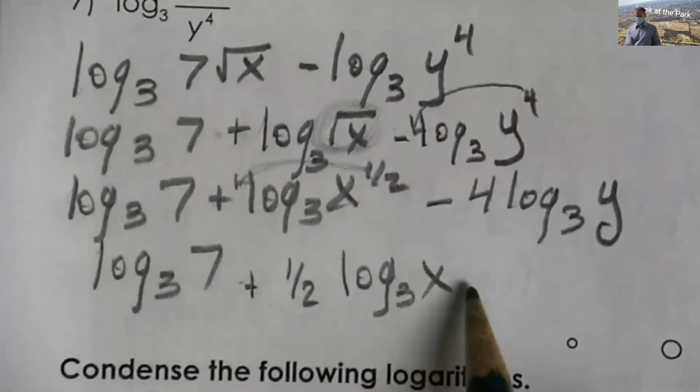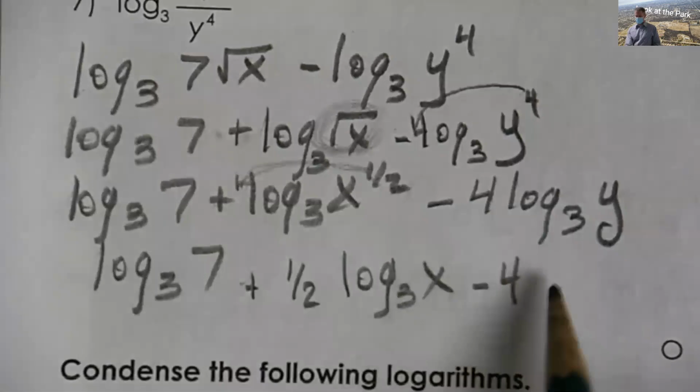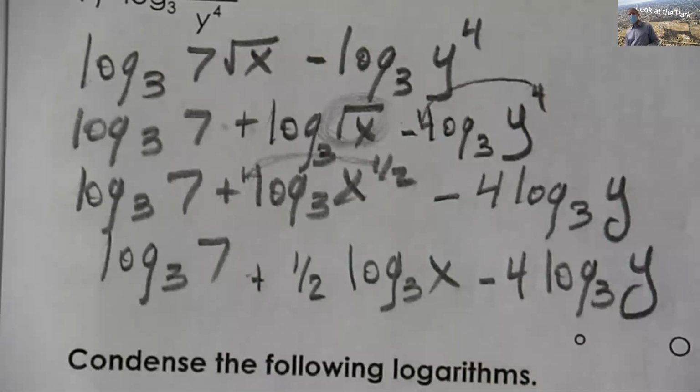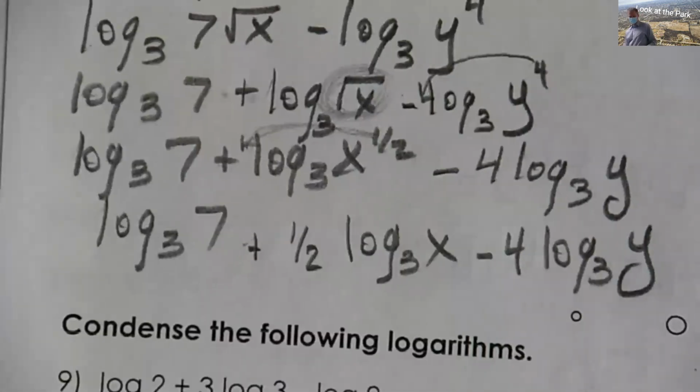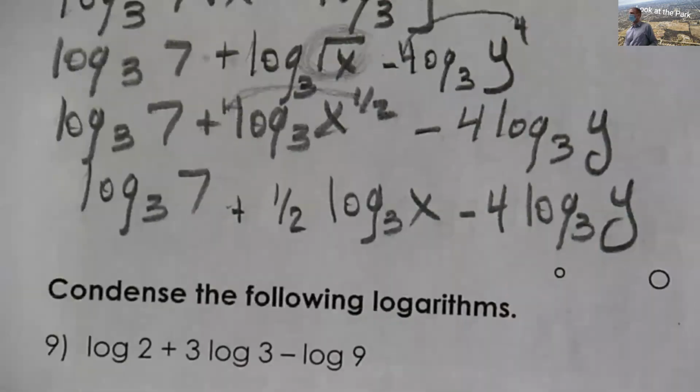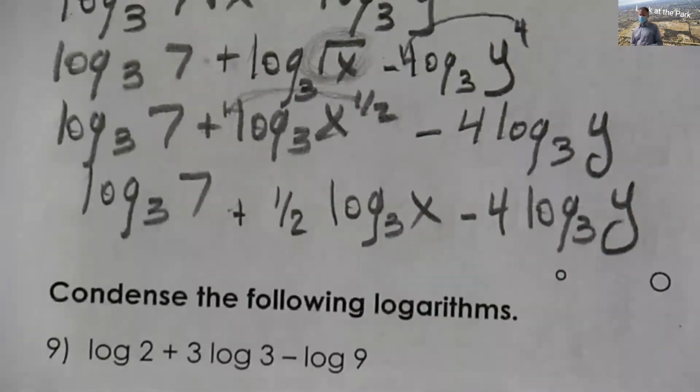And now there's nothing additional we can do with 4 times log base 3 of y. Now that is condensed. Well, I said that backwards. That is expanded. We expanded it apart. We wrote multiple logarithms from that single logarithm.